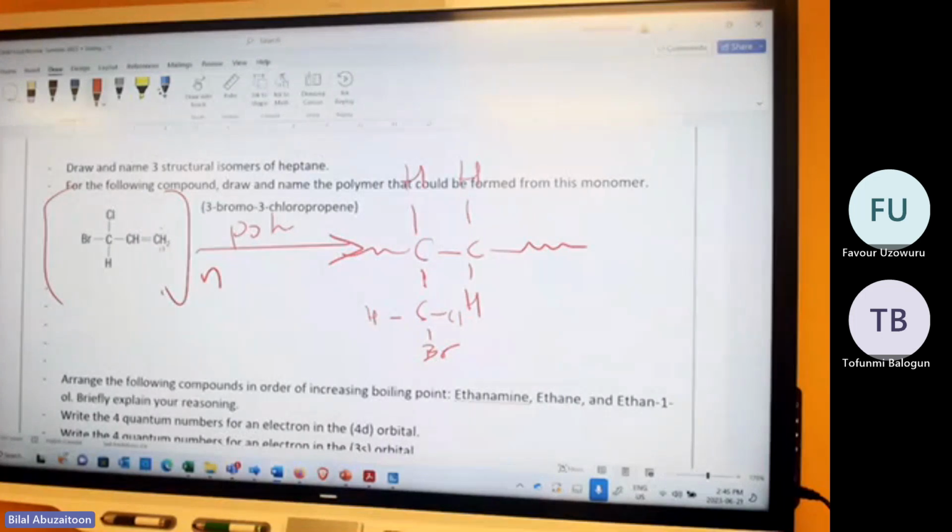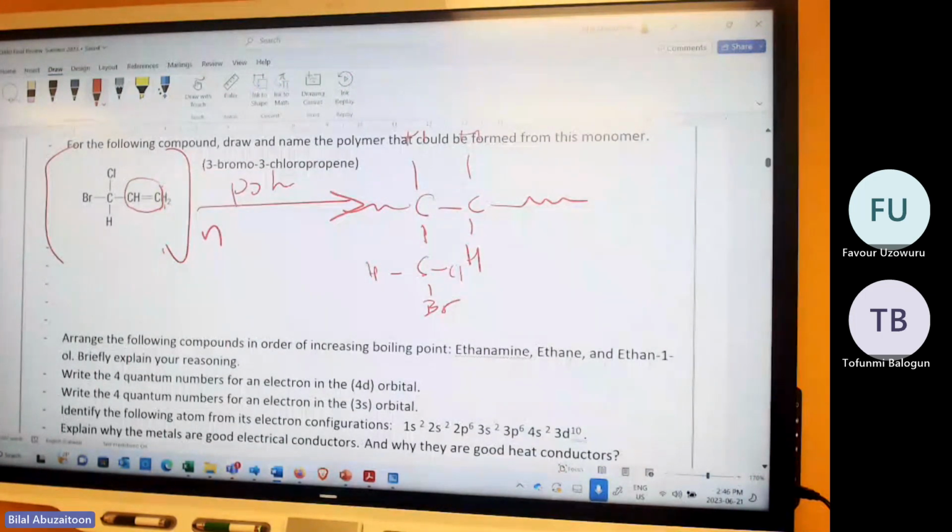So always in polymerization, focus on this part. Can X go to the other side? The other side has two hydrogens. If you want to flip it, to put the two hydrogens on the left, it doesn't matter.